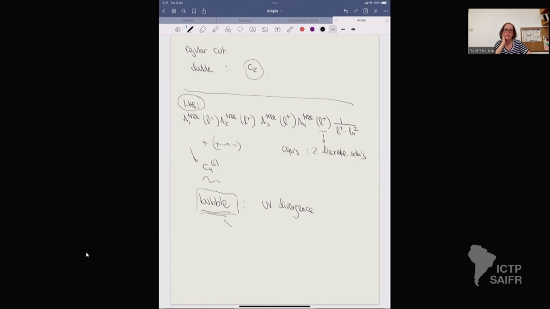So if your fermion content is not anomaly free, the way you're going to see that is that your amplitude is not going to factorize correctly. So this is something that was shown.